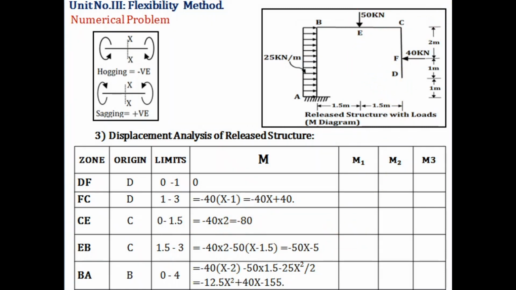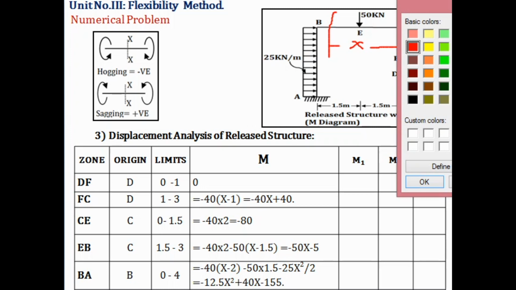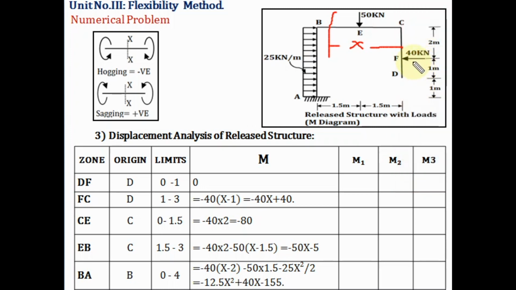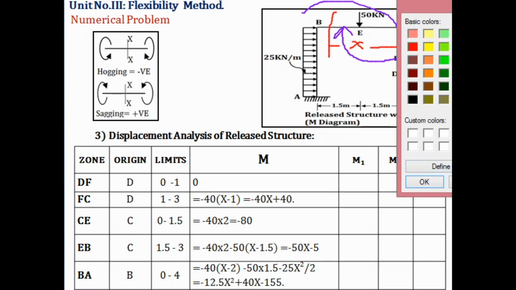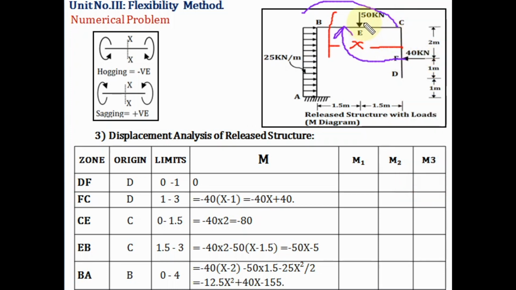Now the next portion that we are considering is EB. Measuring X from C point. Here the first force will be the 40. It will act like this, so the nature will be hogging. Again minus 40 intensity of force into 2, the distance. Now the next force is the 50 kilonewton.